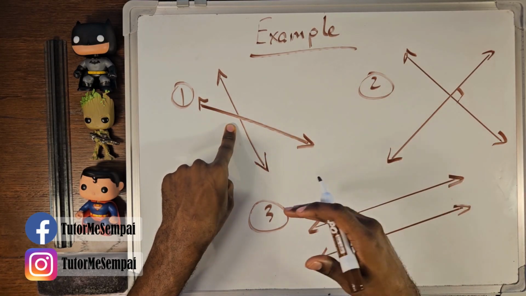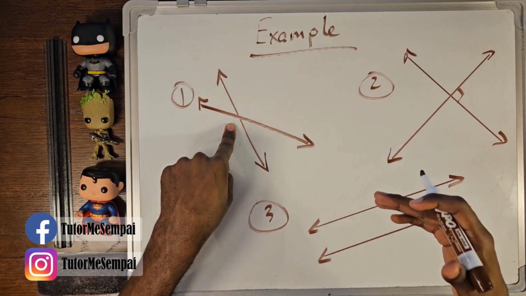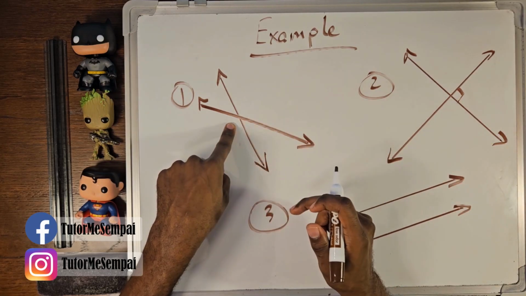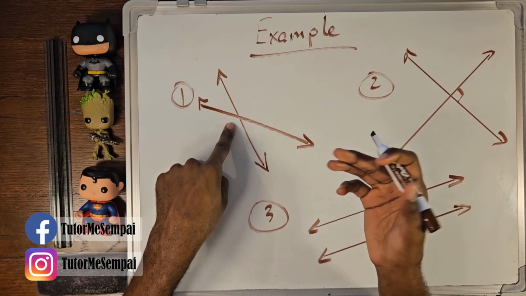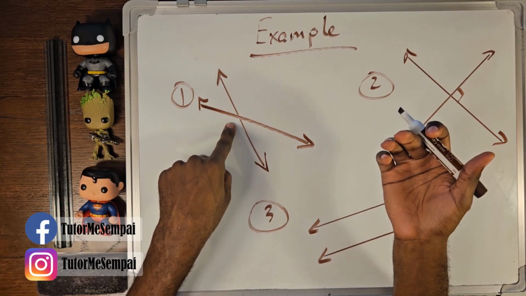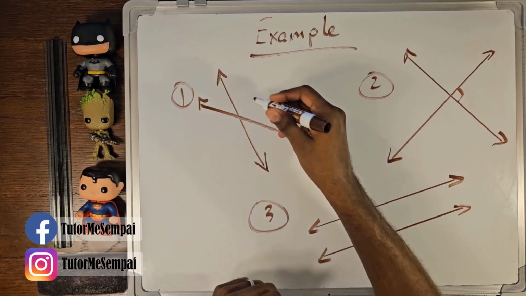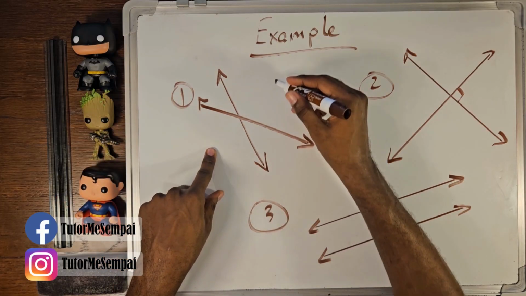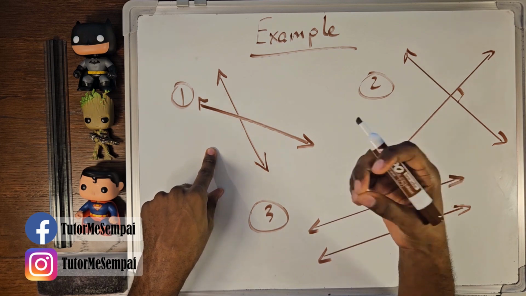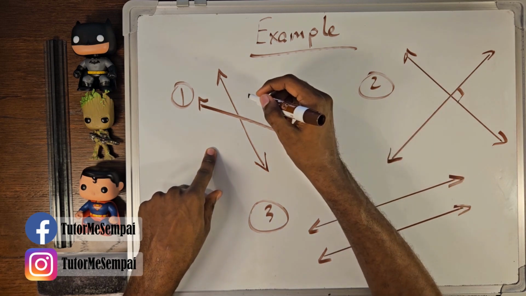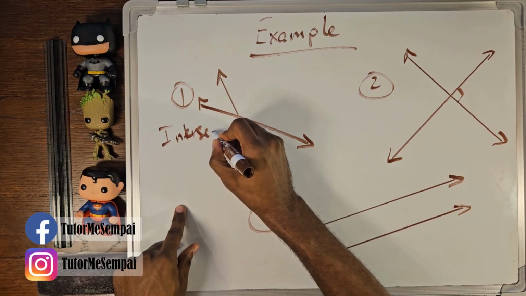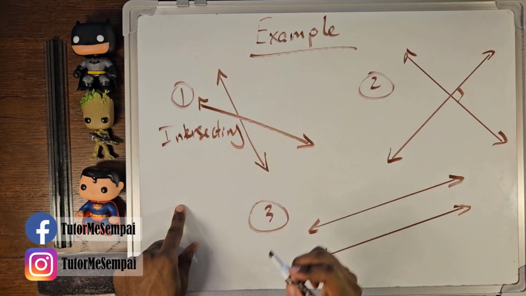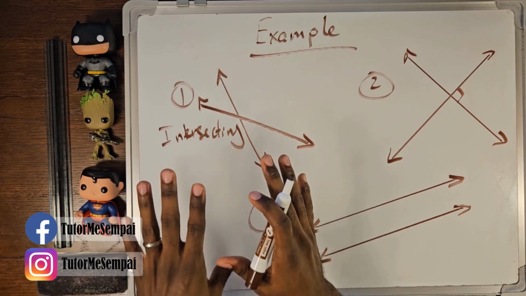You don't even have to imagine them continuing on forever. It's actually touching. Therefore, that lets us know they're not parallel. But are they going to be perpendicular or just intersecting? Well, this is not going to give us that straight look where we're going to get that 90-degree angle. So this is just going to be intersecting. All right, we just have an intersecting pair here.